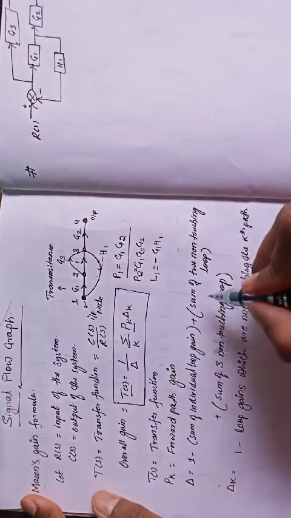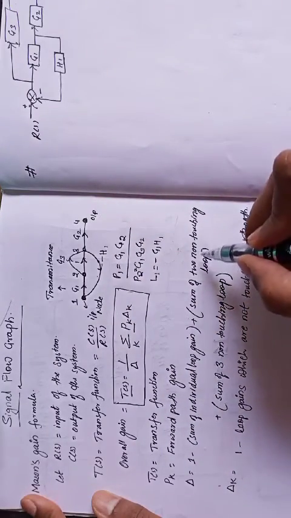Next is the sum of two non-touching loops.